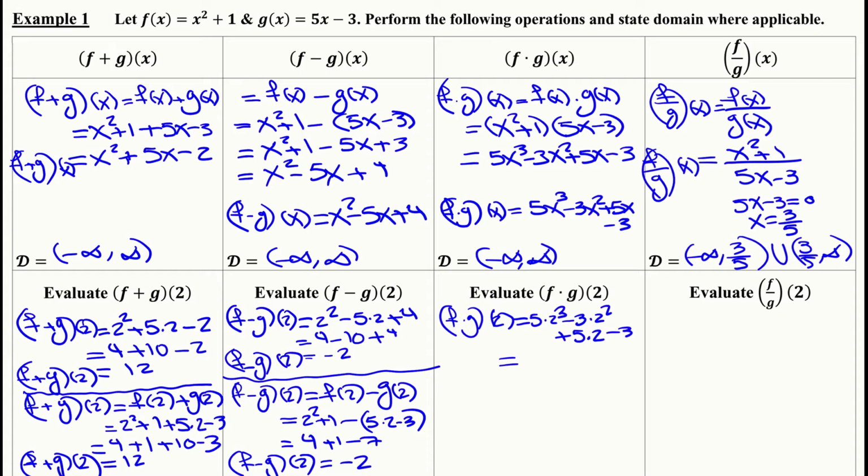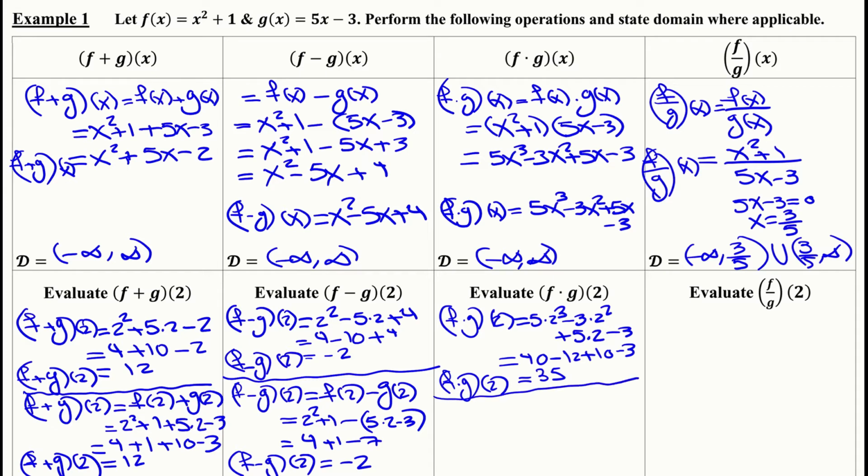So we're going to get 5 times 8, which is 40, minus 3 times 4, which is 12, plus 5 times 2, which is 10, minus 3, and that gives us negative 12 plus 10 is negative 2, minus 3 is negative 5, so 40 minus 5 is 35. So that's f times g evaluated at input 2.